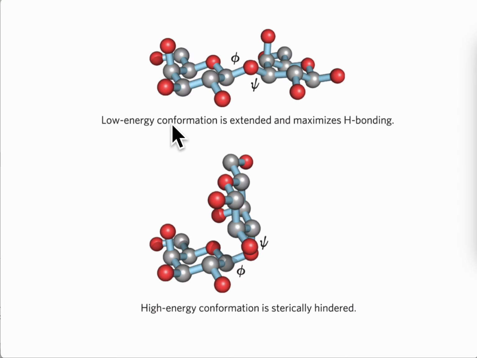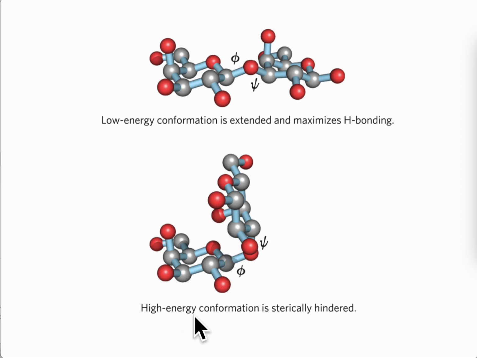So if we look at a disaccharide here, this low energy conformation is extended to minimize steric hindrance from the two hexagons, or I shall say glucose monomers. Sorry, actually in this photo it shows galactose monomers. But anyways, it doesn't really matter in this case. And it also maximizes hydrogen bonding so that it stabilizes the structure.